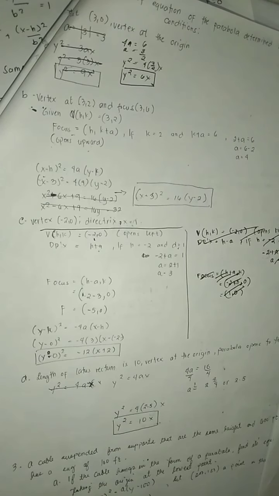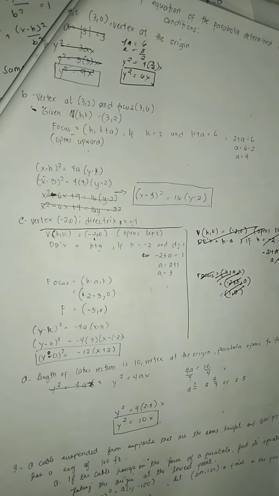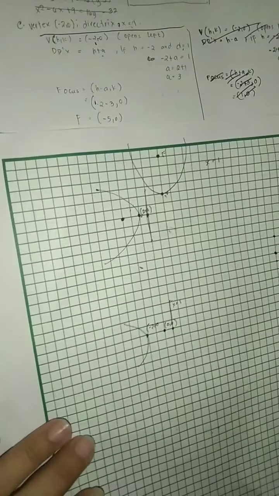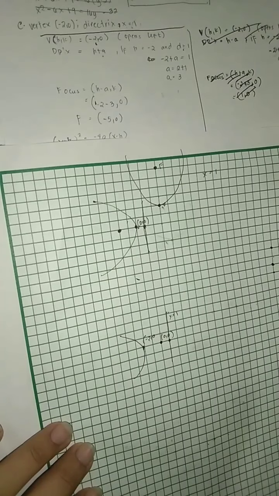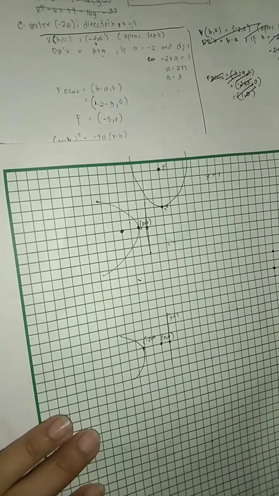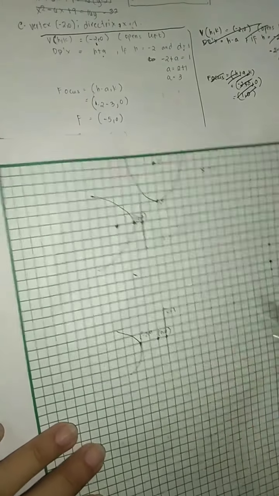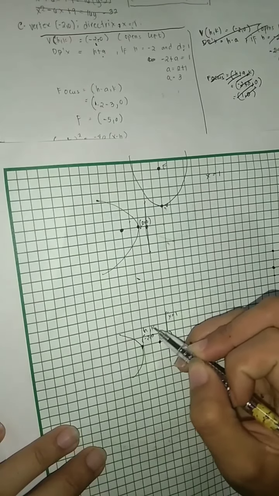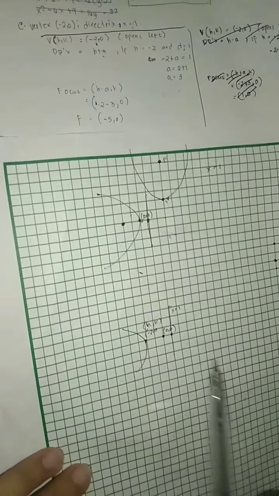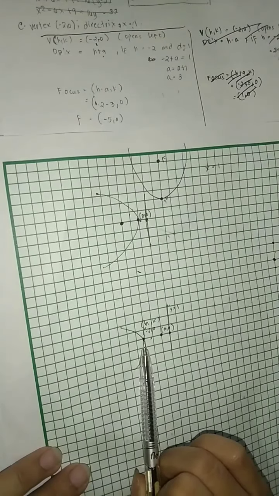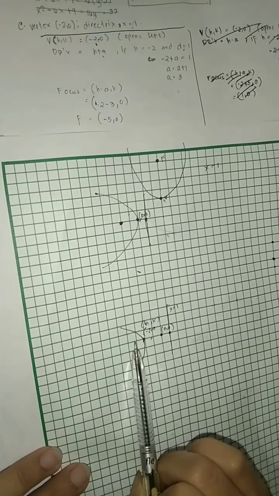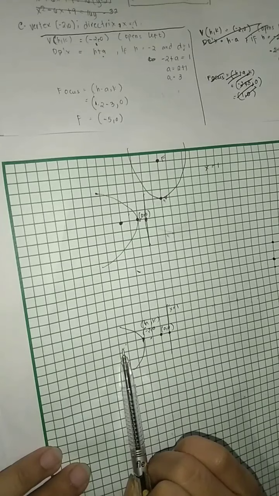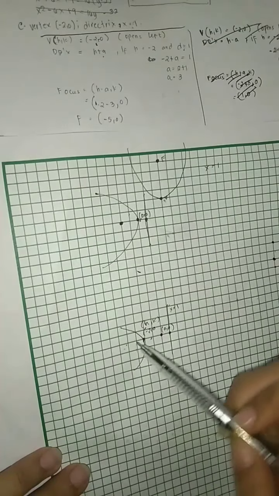So the focus is (h minus a, k). If you're wondering why the focus is h minus a, it's because if our (h, k) is here and it opens to the left, we need to subtract a units to have our focus inside the curve.